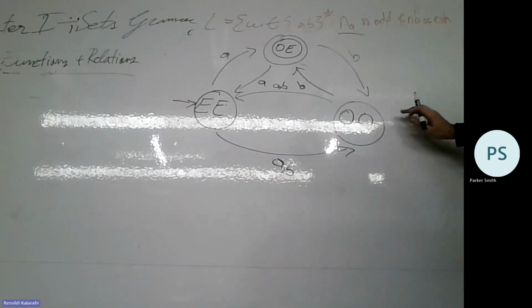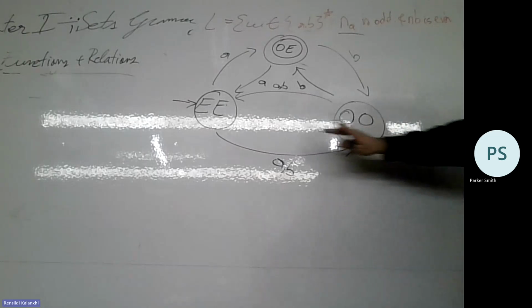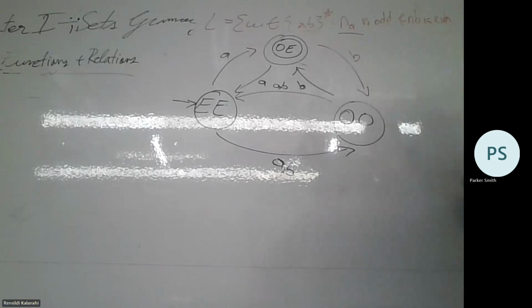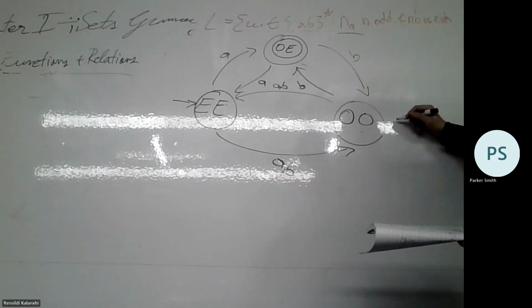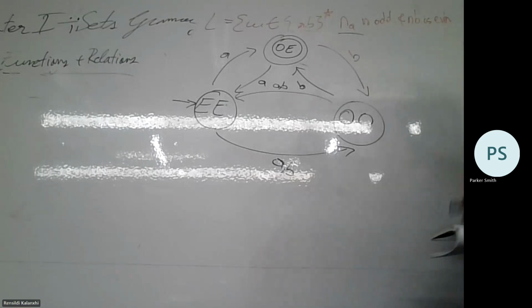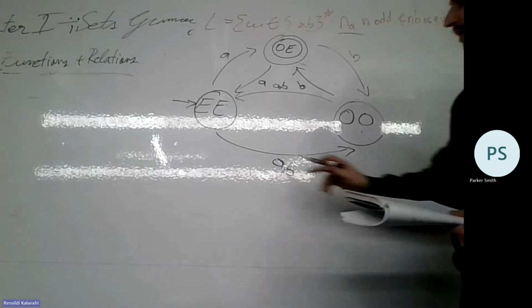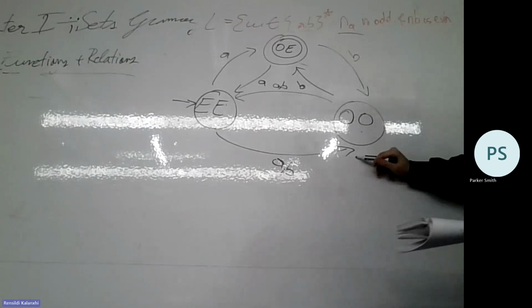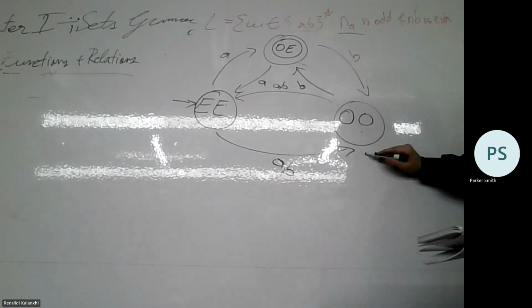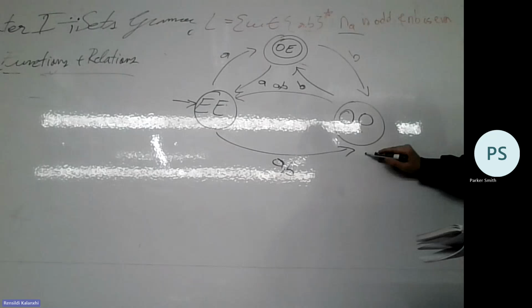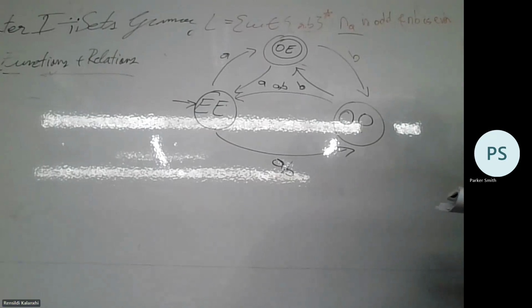From E to OO, I mean. Or no, we should think of it as this, right? So A, B, and B, right? So we can either choose 1A, we can choose 1A. Then it's going to be A even. And B, how does this work?